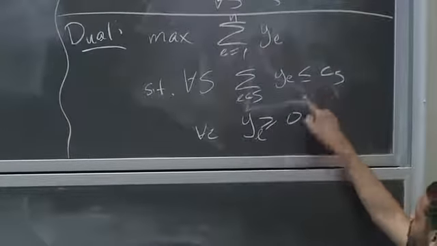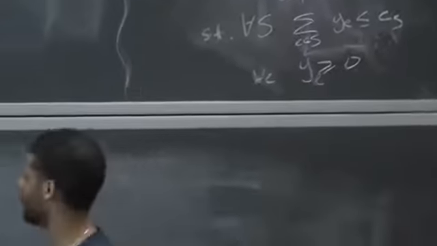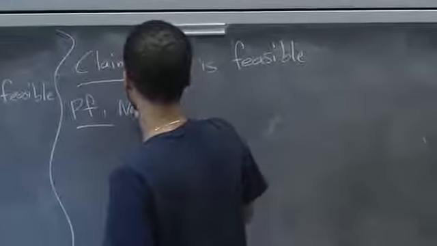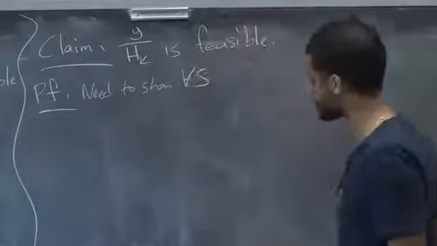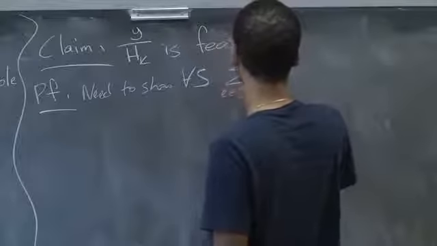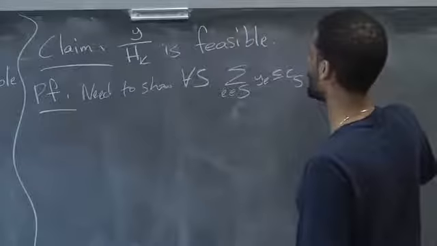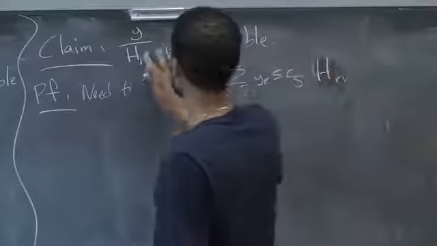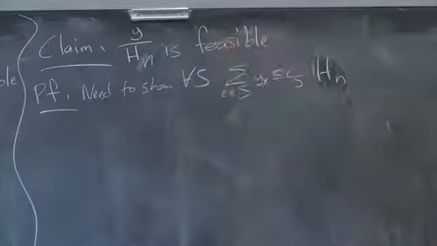So we need to show that for all sets S, the sum over e in S of y_e is at most c_S times log n, or actually times H_n. What's K? There's no K here.